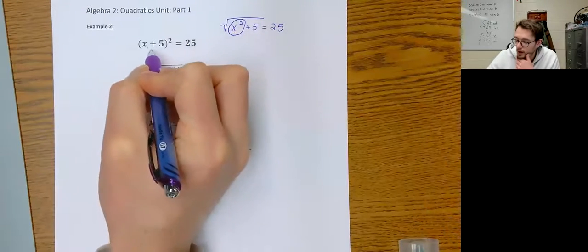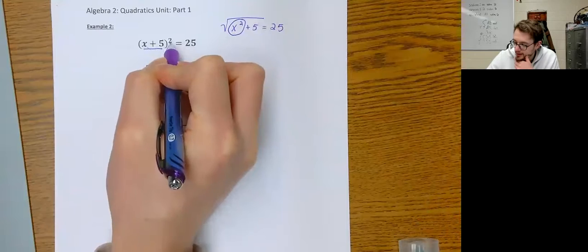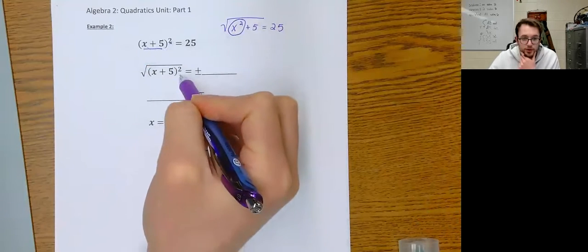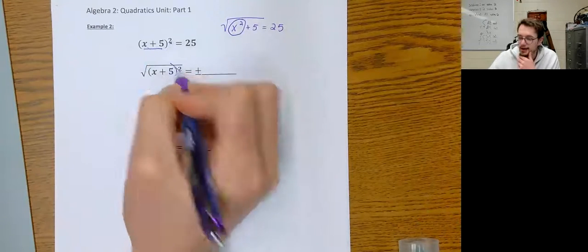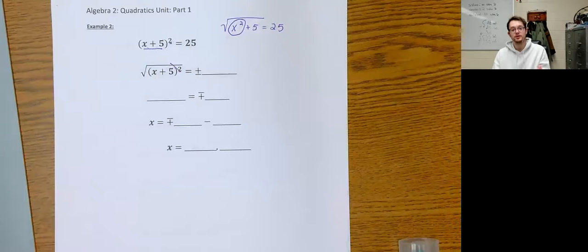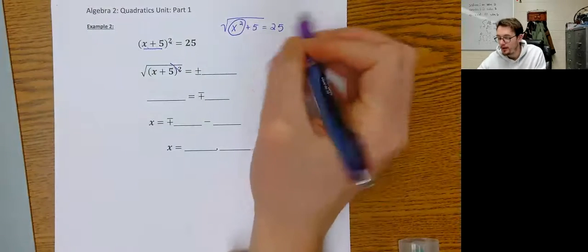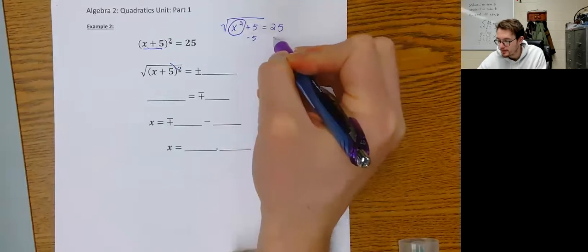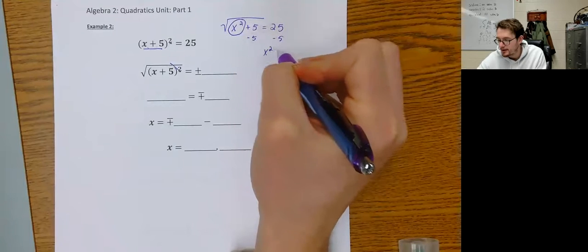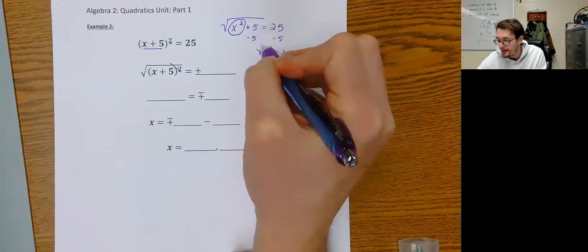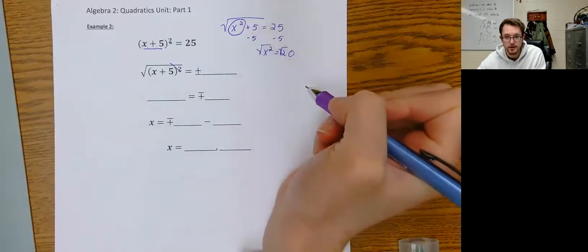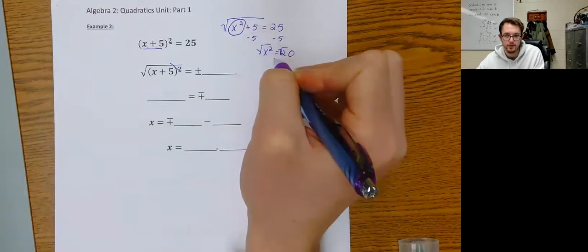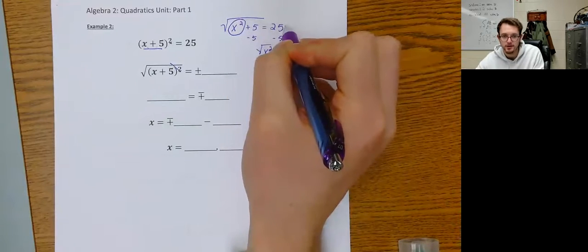Here, though, all of this is being squared. So when you take the square root of the whole thing, it's going to cancel that out and leave what's left on the inside. If I was doing this problem, I would subtract 5 first and get x squared equals 20 and then take the square root. That's when I would take the square root, after I move the 5 across.